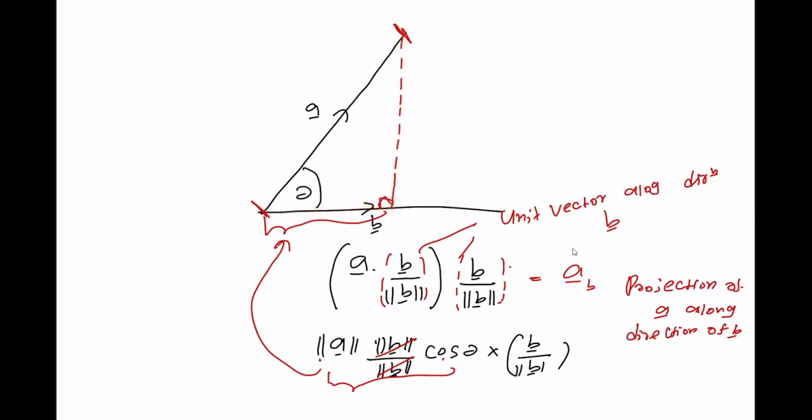It means how much of your vector A's component lies along the direction of your vector B. The interesting thing is the cos theta term: if you have vectors A and B with angle theta, you have A's norm times cos theta as the magnitude along the direction of B.